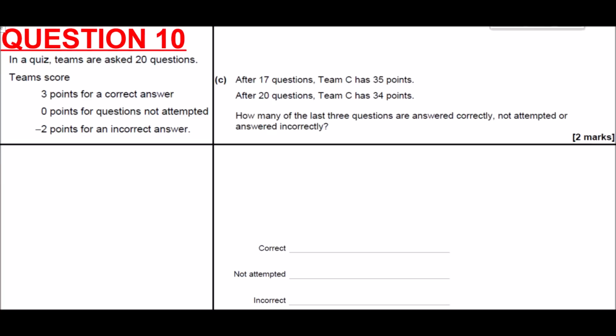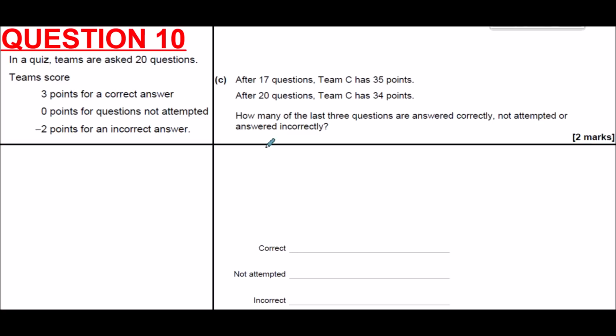Now 10C is a bit more awkward, but still not impossible. This is like a mystery. We're told that after 17 questions, Team C has 35 points. But after 20 questions, Team C's got 34 points. So how many of the last 3 questions are answered correctly, not attempted, or answered incorrectly?